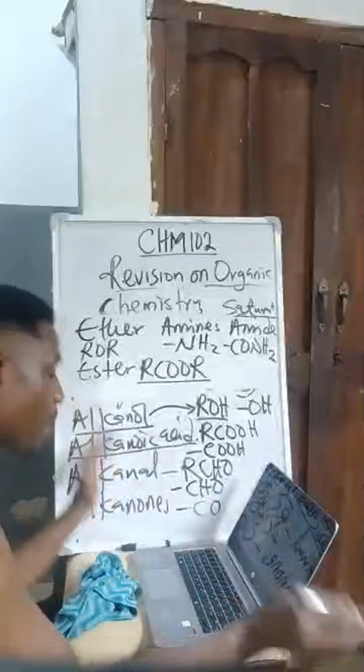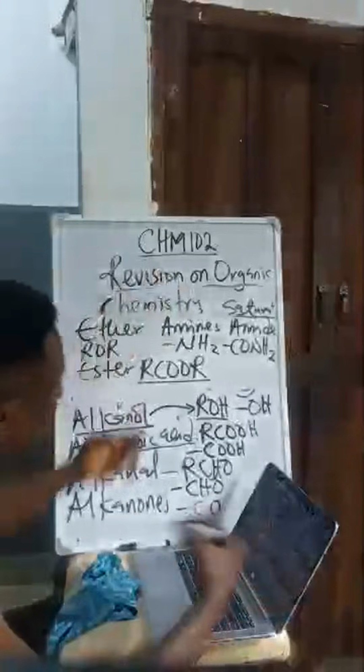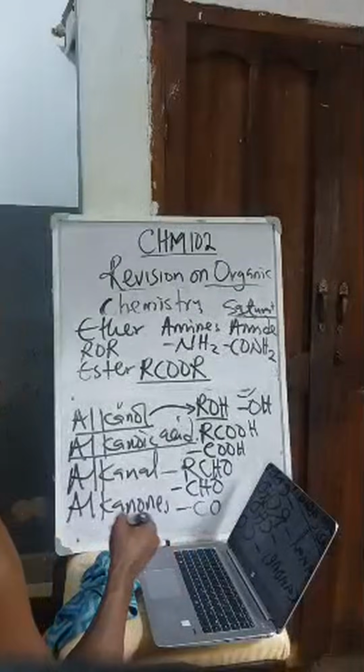But amide is amide: ethanamide, propanamide, butanamide. But amines can be named as aminoalkanes. Aminoalkanes. So take note of it.